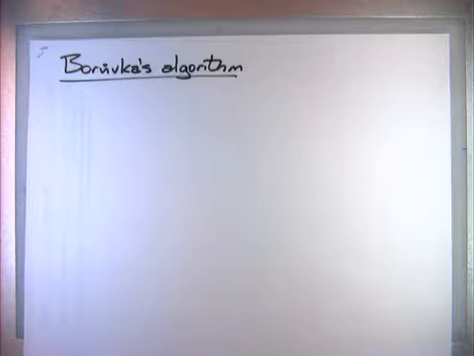And he was faced with the problem of trying to connect various telegraph stations in what is now the Czech Republic using the minimum amount of wire. Hey, it's a minimum spanning tree problem, right? You have a graph where the cities are the nodes, and the amount of wire you need to connect those two nodes is the weight of that edge.